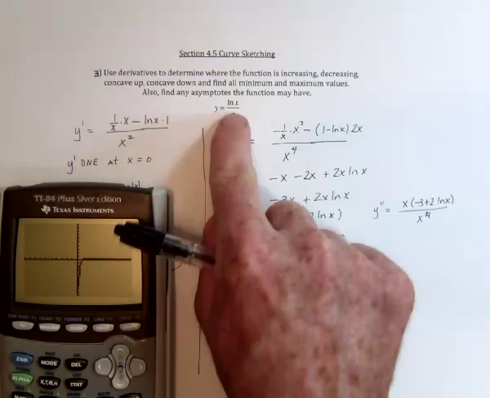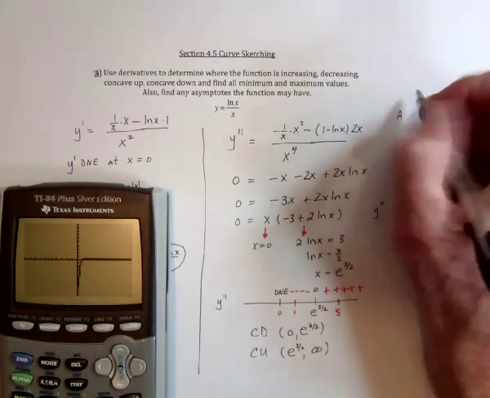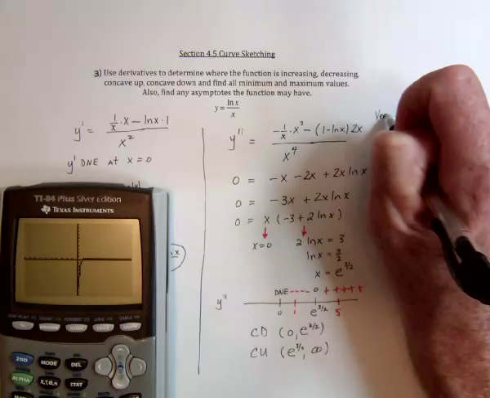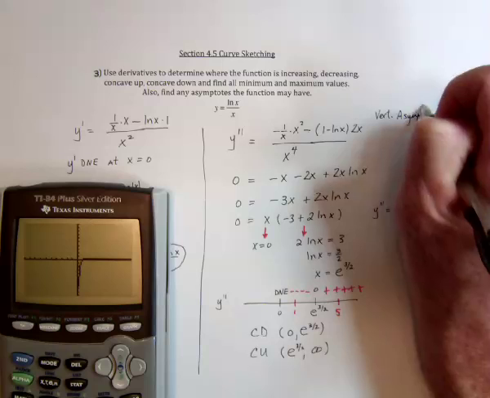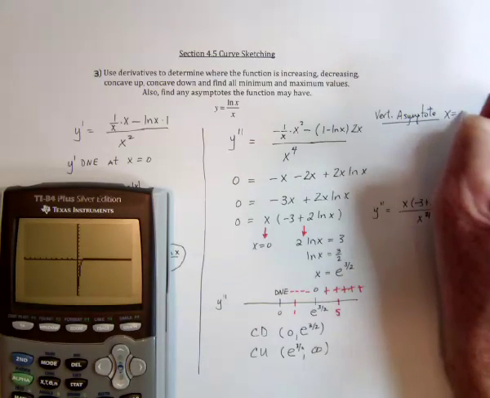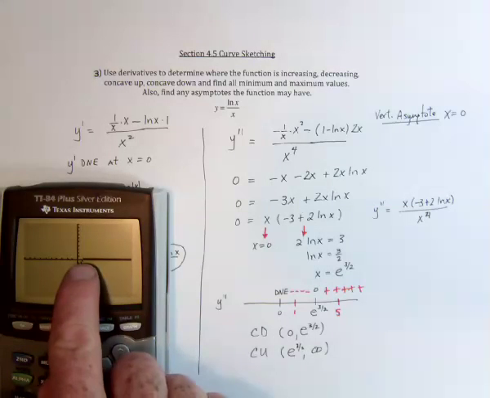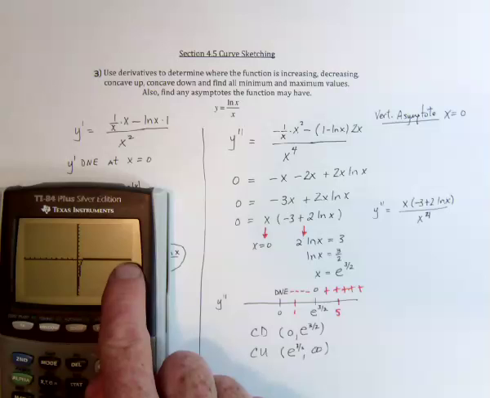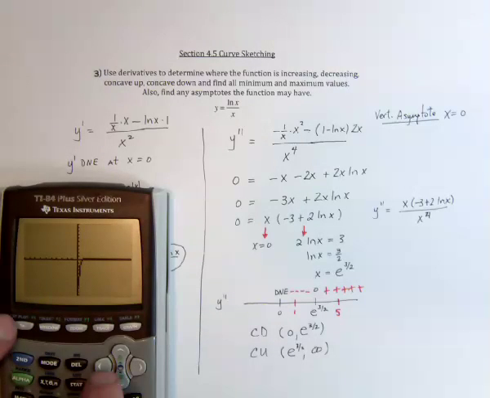So there's an asymptote at 0 because it's undefined there. Vertical asymptote. And then also notice that it leveled off, so there is a horizontal asymptote. We'll need to find that after checking these.